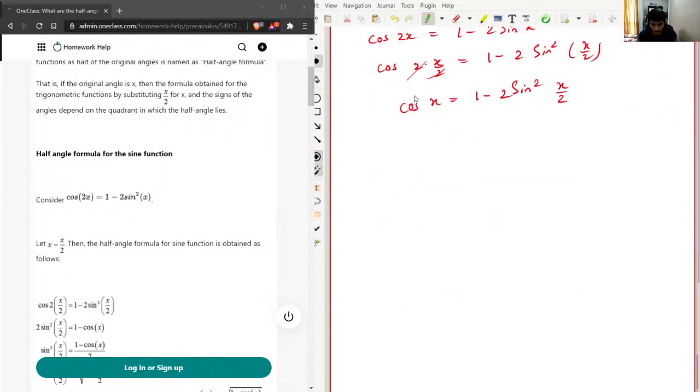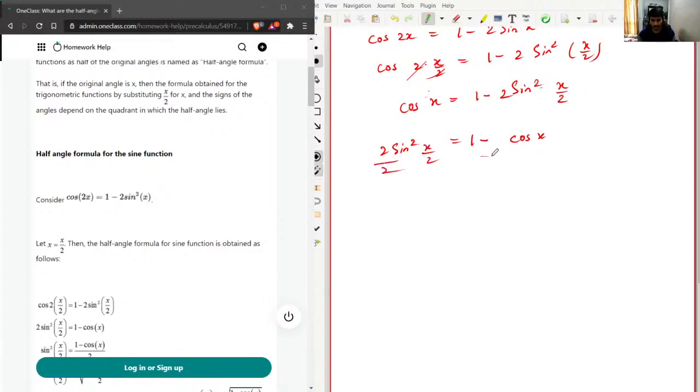So I can take this term here and this one here. It will become 2 sine square x over 2 equal to 1 minus cosine of x. Again, let's say you have x as 60 degrees and you wanted to calculate for 30, then this will become 60 by 2, which is 30, and then you can just calculate.